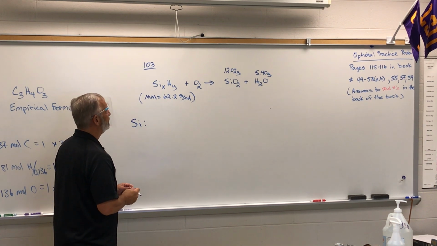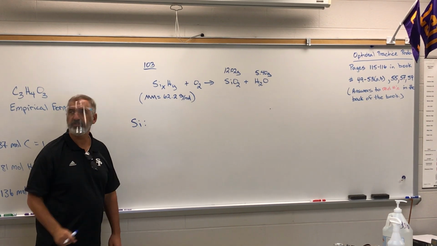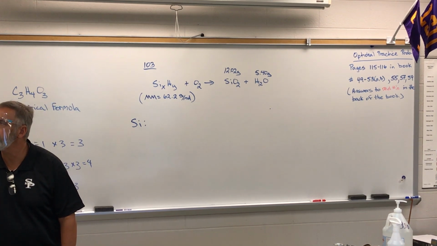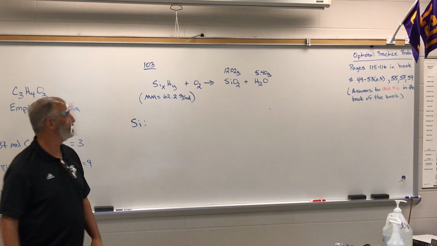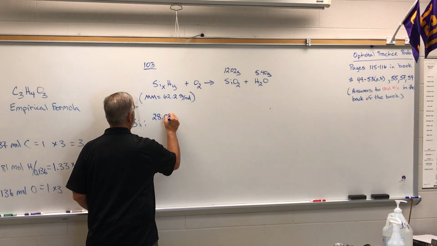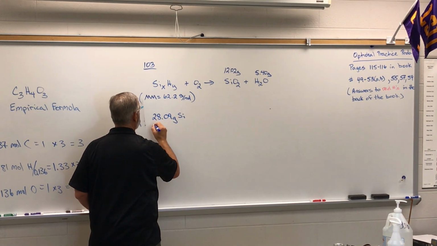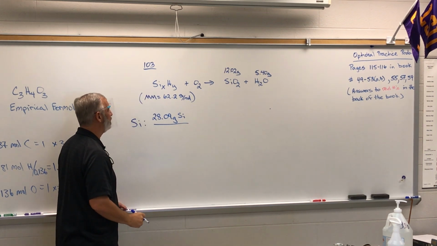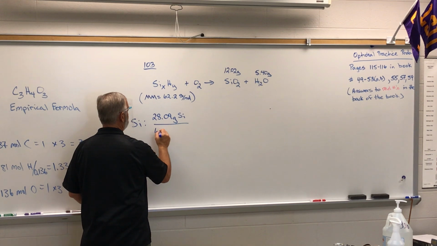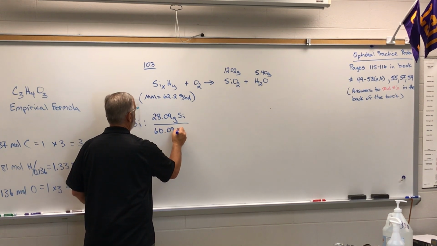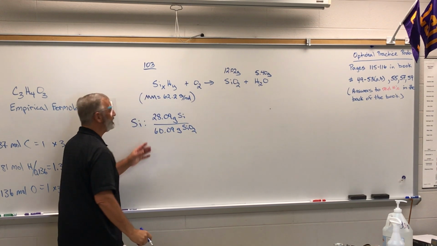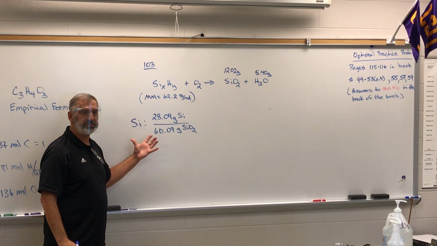So you look at the molar mass of silicon, which is 28.09 grams of silicon, divided by the molar mass of the whole thing, so add 32 to that, so it's going to be 60.09 grams of SiO2. So 28/60ths of SiO2 is always silicon.